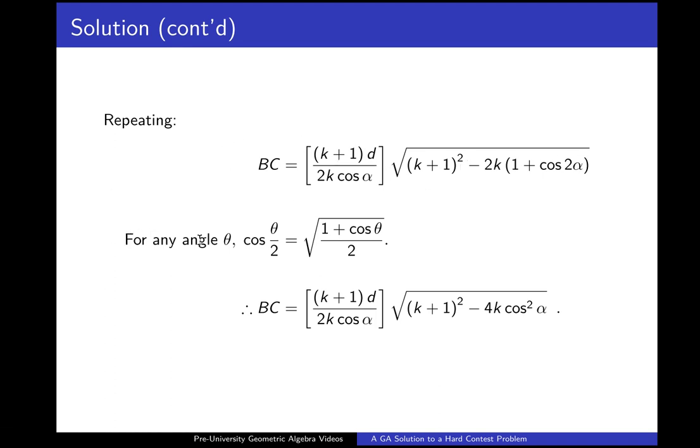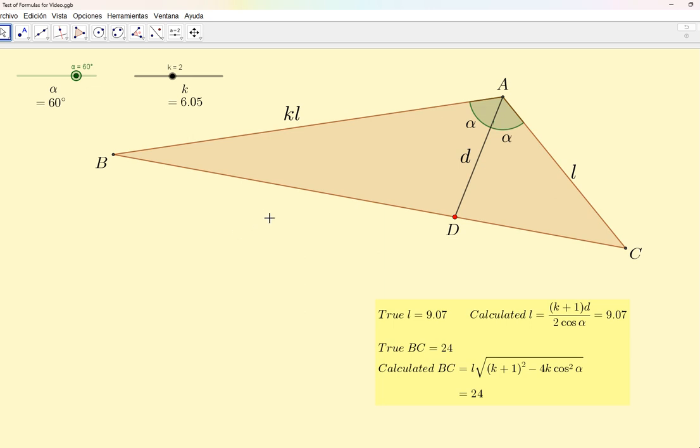Then we use the trig identity that for any angle theta, cosine of half theta is the square root of (1 plus cosine theta) over 2. So making that substitution here, when the smoke clears, we come up with BC is equal to, well, you can read it here, this was L. So let's see how we did on this.